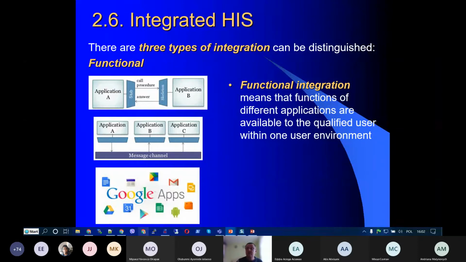Especially, for example, when we talk about Google Apps for Education or the Office 365 solution, which in fact provide functional as well as presentation and data integration, because we talk about the usage of various applications which exchange digital messages in the background in order to fulfill user requirements for accessing data and performing specific operations. So here is functional integration.